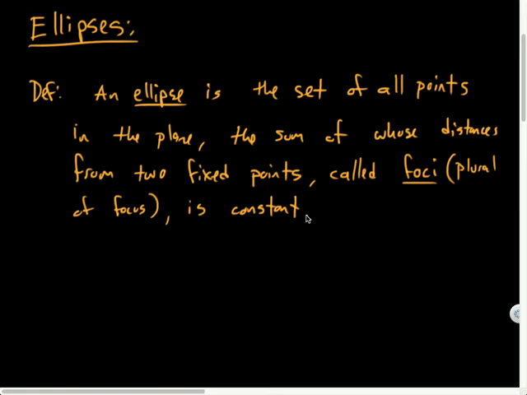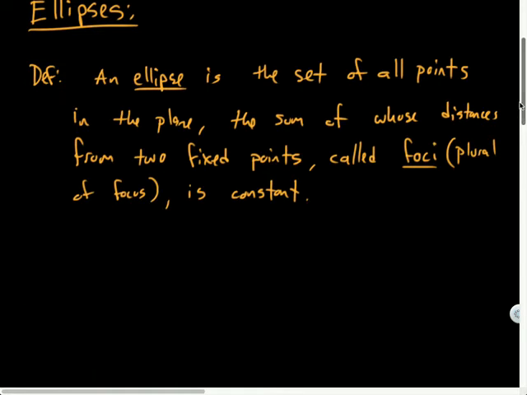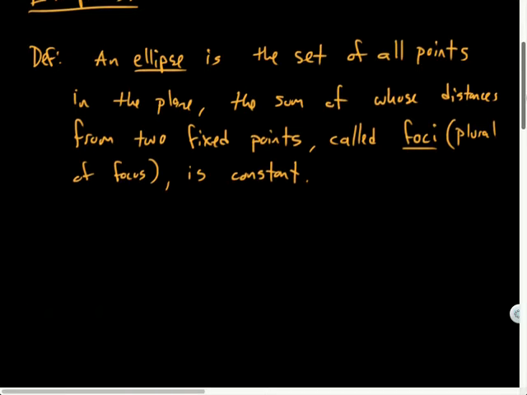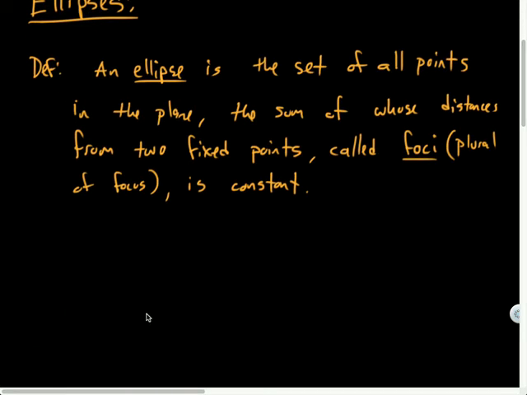So this is related to distance, and all sorts of stuff. The general idea, I think I'll draw a picture for us. This is just going to be a rough picture. I'm going to pick two points, here and here, focus 1 and focus 2.